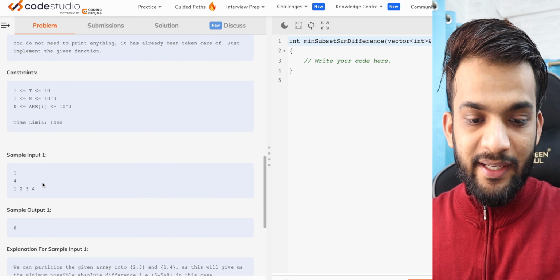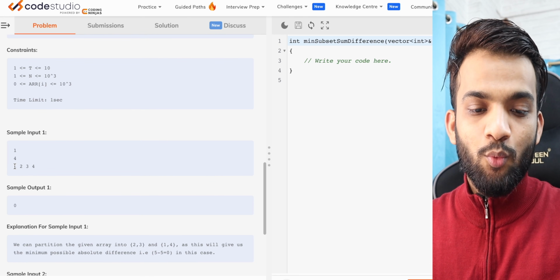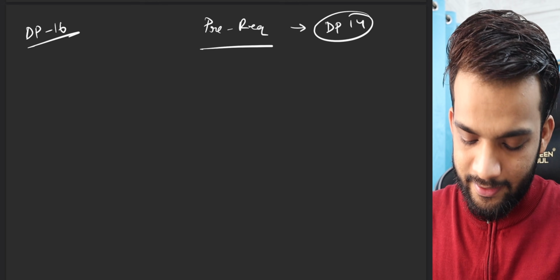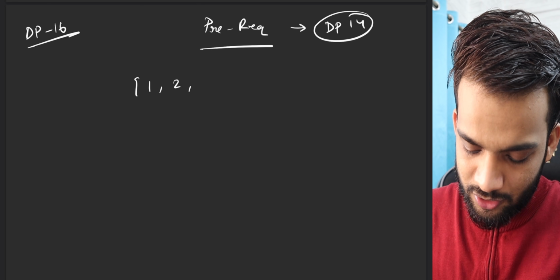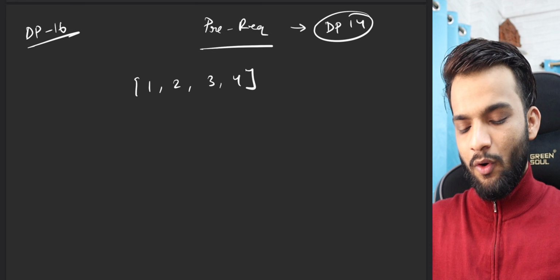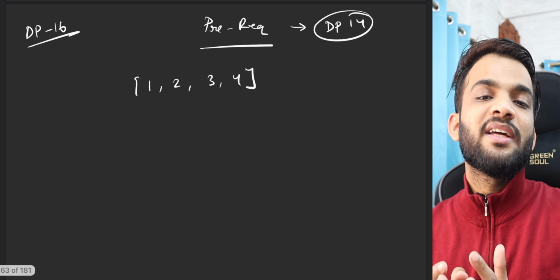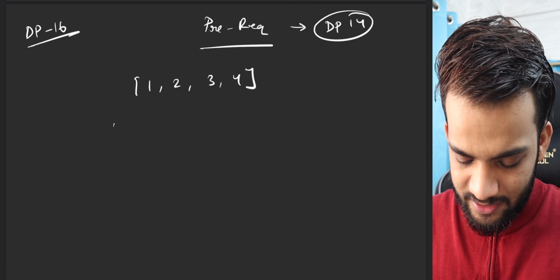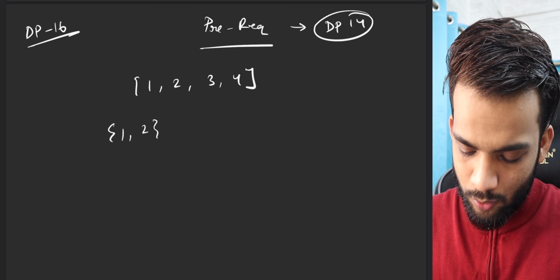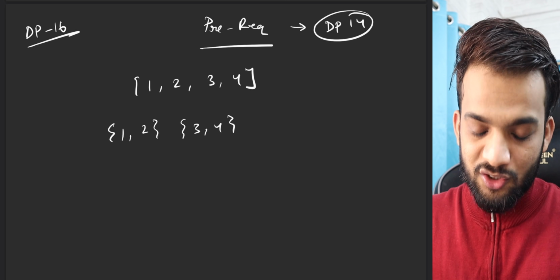So let's quickly check out an example. If we see this example 1, 2, 3, 4, let's discuss over here. What are the different kinds of subsets that you can divide it into? One of the subsets is 1, 2, the other subset is 3, 4.